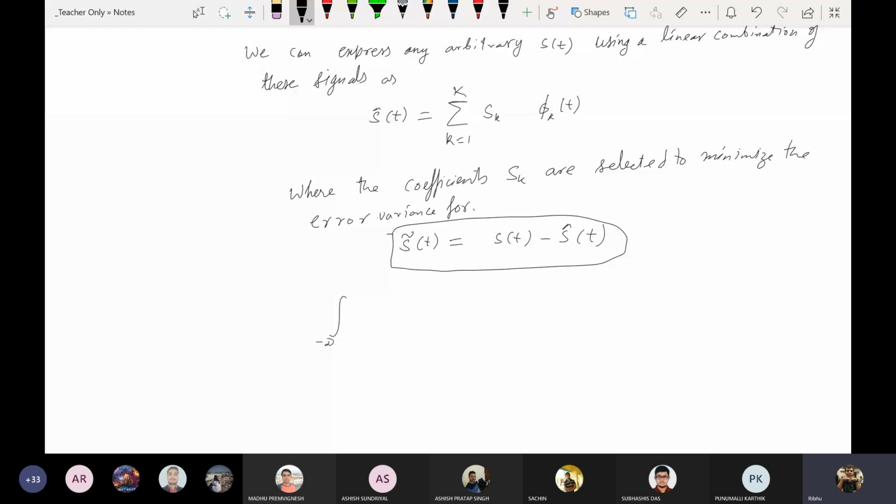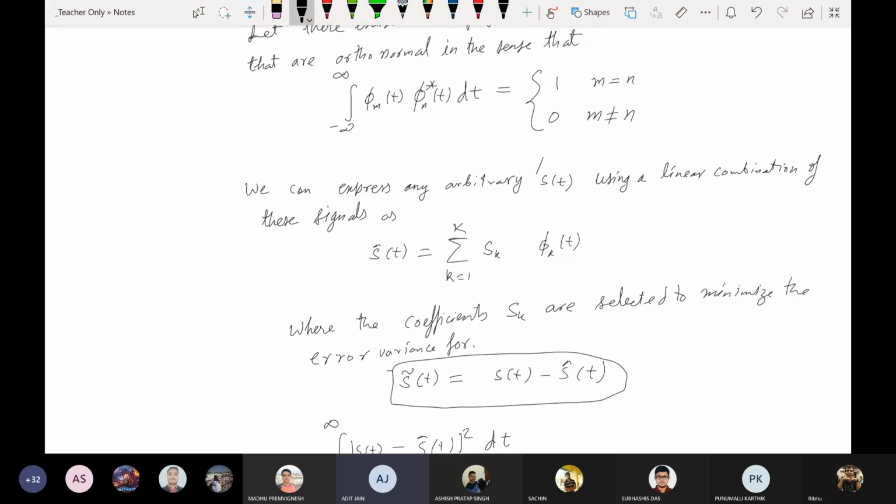Sir, you have written we can express any arbitrary signal s(t). Is the summation of s_k phi_k(t) the exact representation of s(t) or is it an approximate? Right now we are treating it as an approximate. We'll come to any arbitrary energy signal. We are only talking about energy signals.